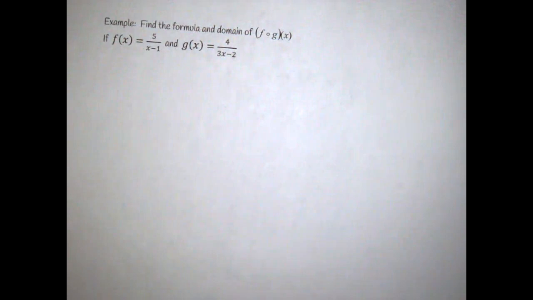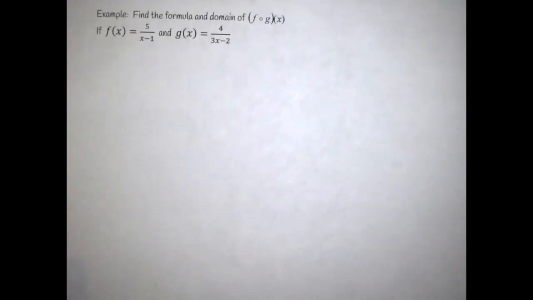Now let's look at another, and this one is a little bit more engaging or challenging than the last, because notice my rationals here are slightly more involved. And again, I want to find the domain of f of g. So the first thing I need to do is I need to know my domain of f.